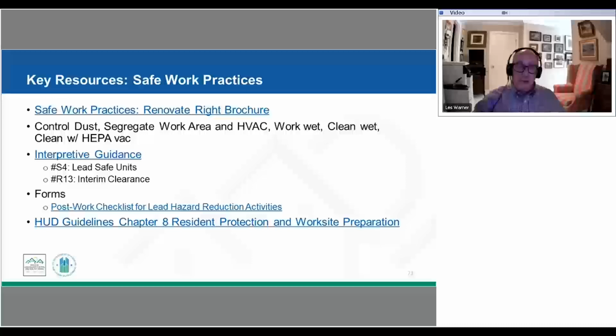And this is talking about the process of getting an interim clearance before we allow anyone else into that work area. We still will want to have a final clearance before we consider this project to be completed and ready for an occupant to be able to reoccupy that property.